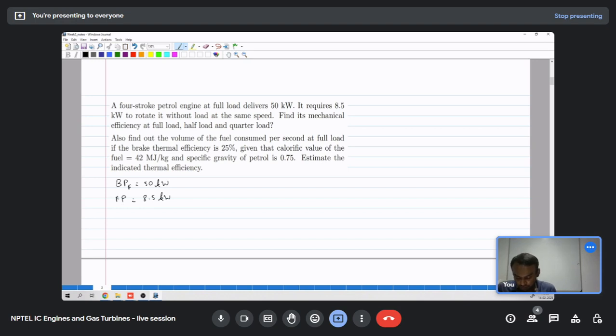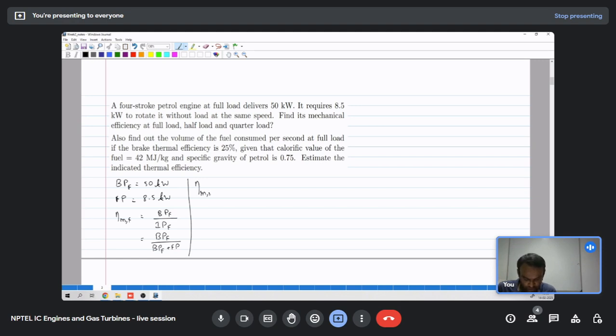So mechanical efficiency at full load is brake power at full load divided by indicated power at full load. So that means brake power at full load divided by brake power at full load plus friction power.